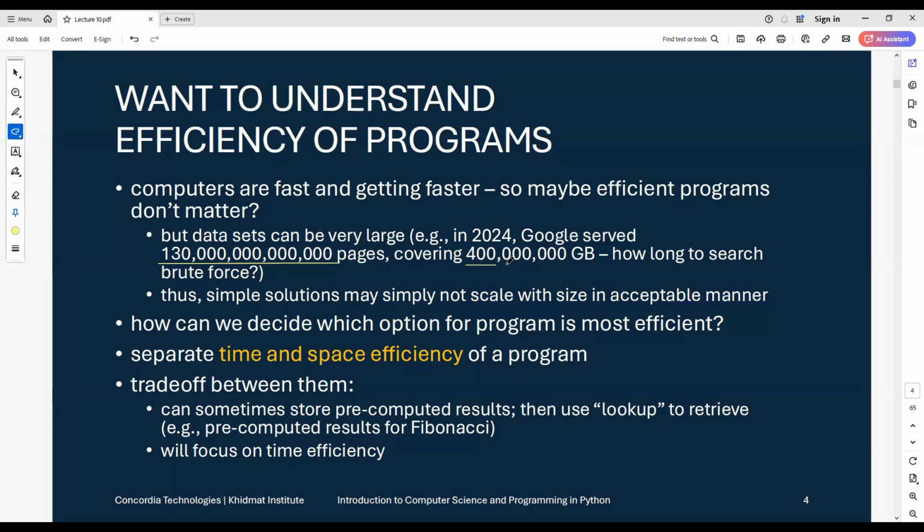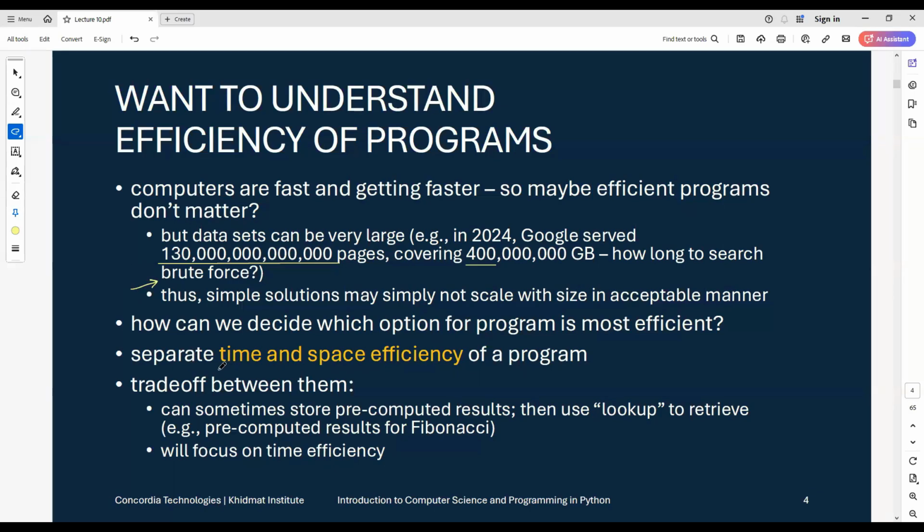And the data was 400,000 terabytes or 400 million gigabytes of data that they have to search. And if they simply use a brute force algorithm, which is going through all the pages one by one and trying to find something, that simply would not work. That's why it's important to write efficient programs and efficient algorithms.